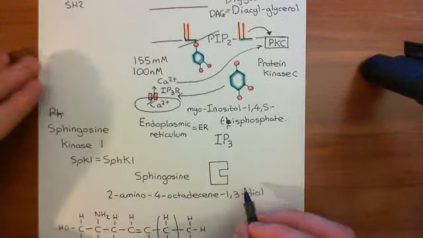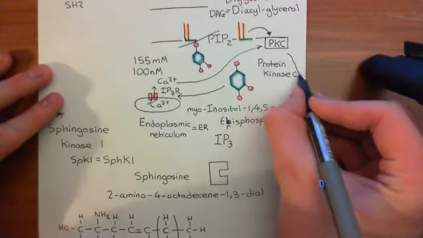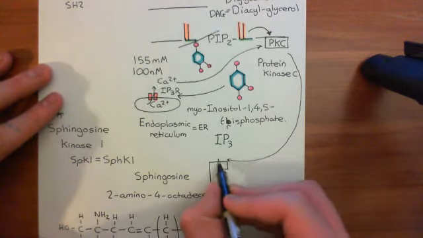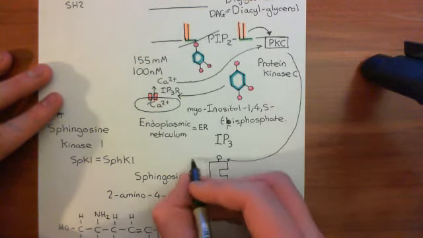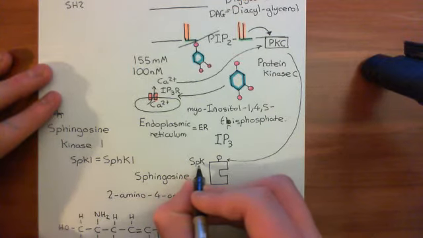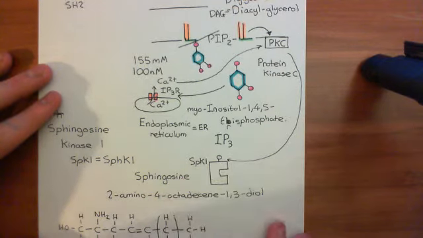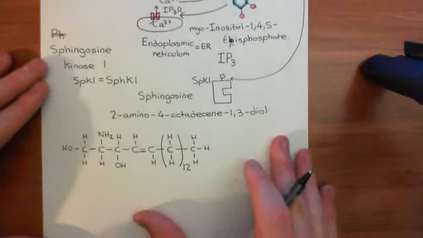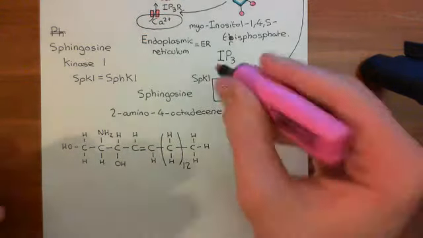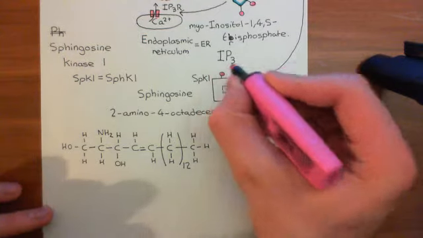So, if we just try and connect everything up with arrows, the protein kinase C will now stick a phosphate group onto this sphingosine kinase enzyme, and I will denote sphingosine kinase just as SPK, and this is sphingosine kinase 1, so SPK1. Okay, so let's colour in that phosphate group in purple, like all the other phosphate groups.